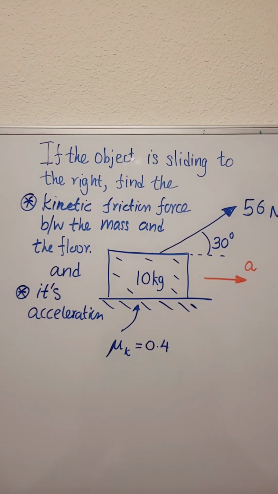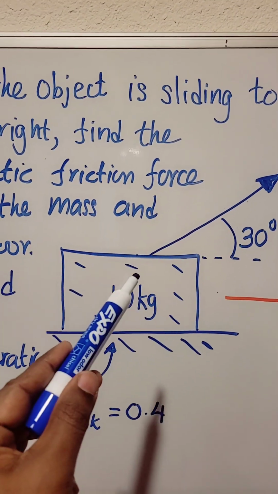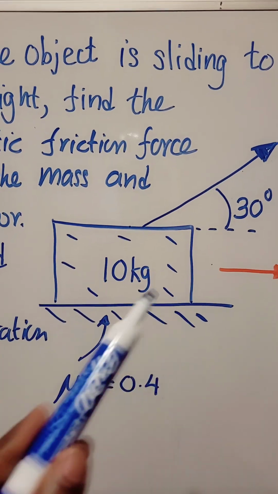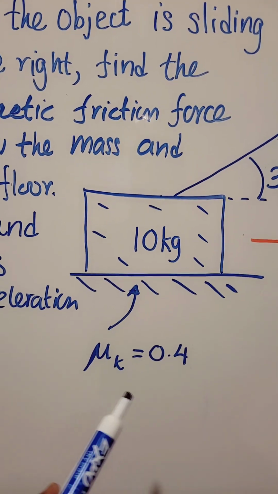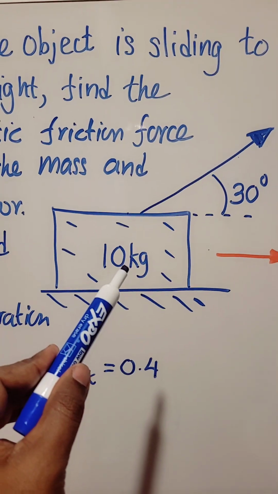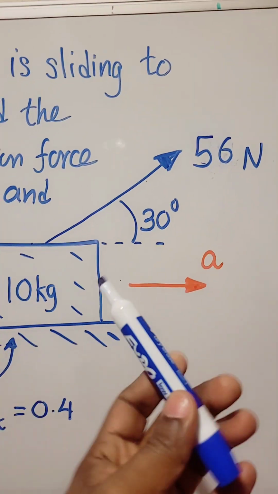Okay, this is the problem. So I have an object, 10 kilogram mass, and it's sliding on a rough surface. How do I know it's rough? Look, coefficient of kinetic friction is given as 0.4. The 10 kilogram mass is sliding because there's a force applied.